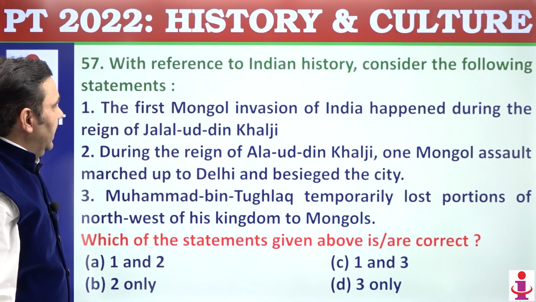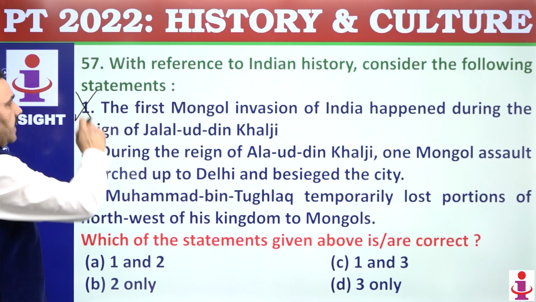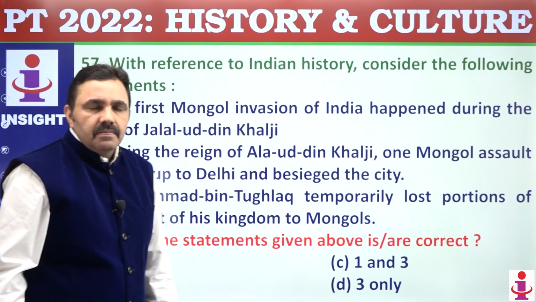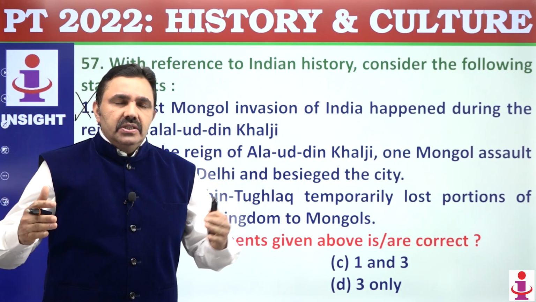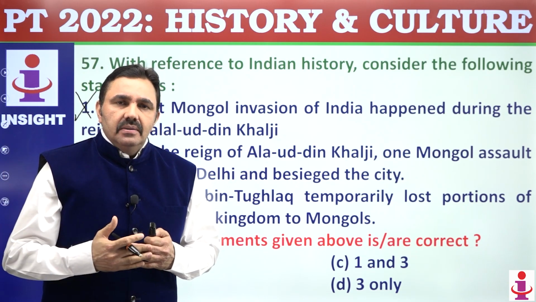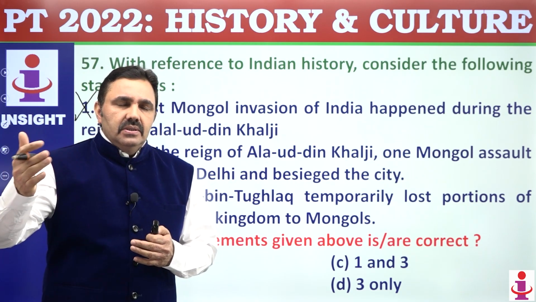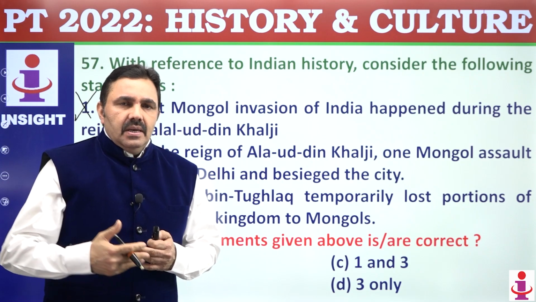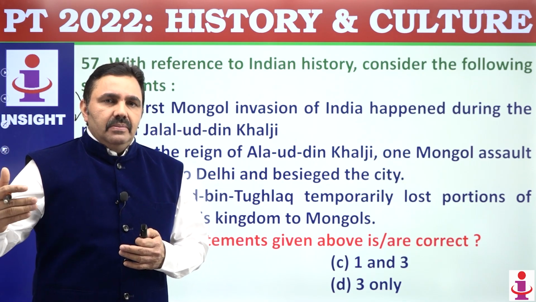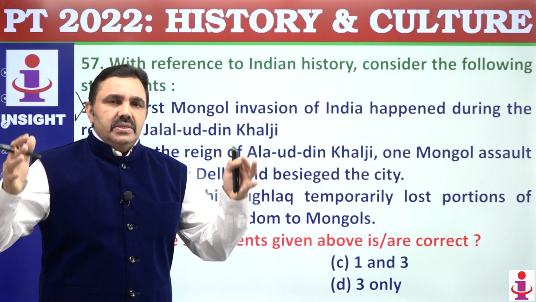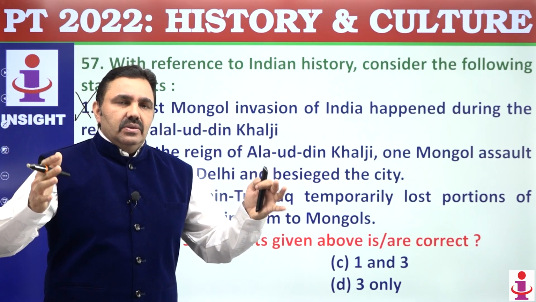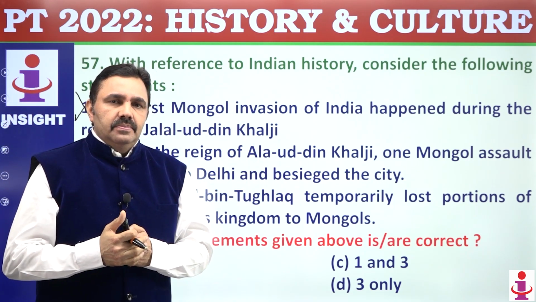The first Mongol invasion of India happened during the reign of, not Jalaluddin Khilji. Invasions took place during the reign of Behram Shah. Behram Shah was in the 1240s. After that, when there was Nasruddin Mahmud, a major portion of northwestern India fell under the control of Mongols.